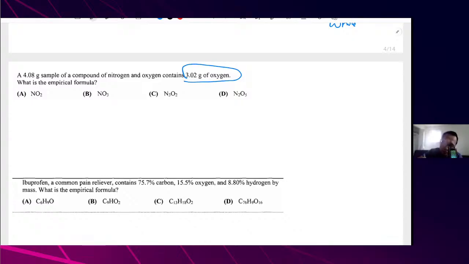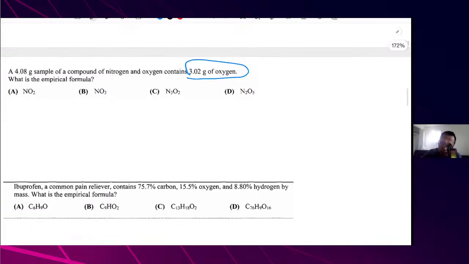So originally the sample compound has oxygen of 3.02, and then there is also nitrogen. So the total of NO, we don't know whether it's NO2, NO3 or others.